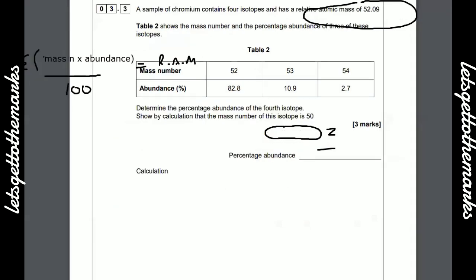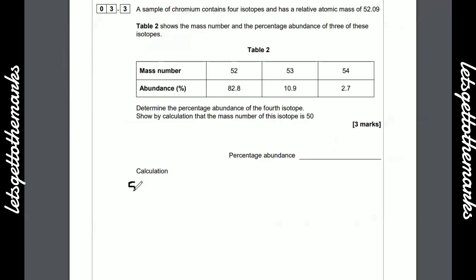Now, we need to set that equation out and then solve it to find our 4th isotope, Z. So first of all, I'm going to set out the equation of mass times abundance for each of our isotopes. So 52 times 82.8 for the first one, 53 times 10.9 for the second one, and for 54, I'm going to do 54 times 2.7.